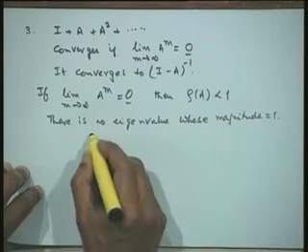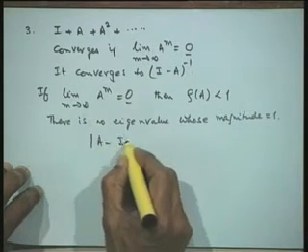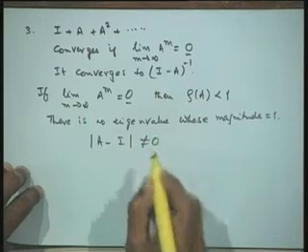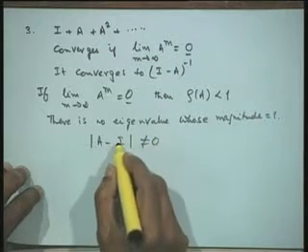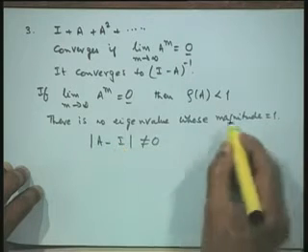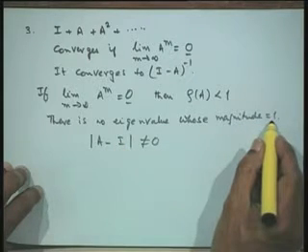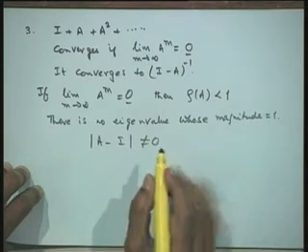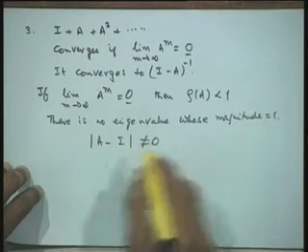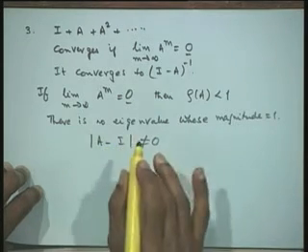This would imply that the determinant of A minus I is not equal to 0. I set lambda equal to 1 in A minus lambda I, so A minus I. But lambda equal to 1 is not an eigenvalue. Therefore, the determinant of A minus I is not equal to 0. What does this imply? It implies (I minus A) inverse exists.